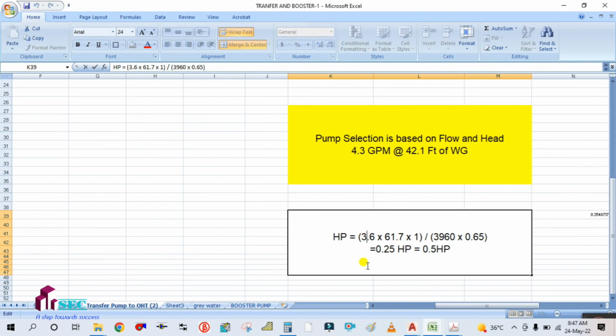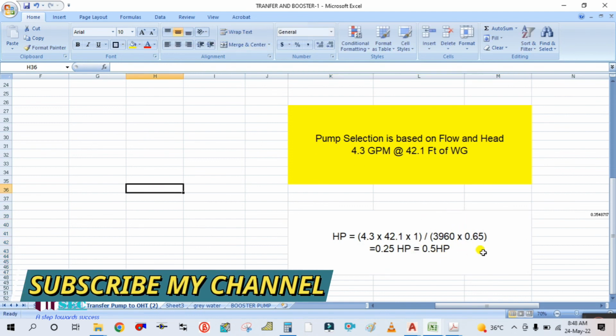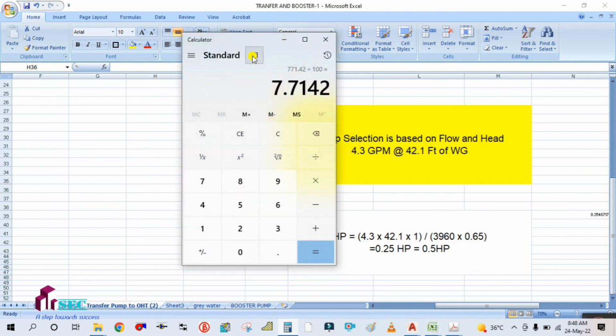Simply enter the above values: 4.3 is GPM, head is 42.1, specific gravity of water is 1, and 3960 is the conversion factor to convert feet to HP. 0.65 is the efficiency, 65%.